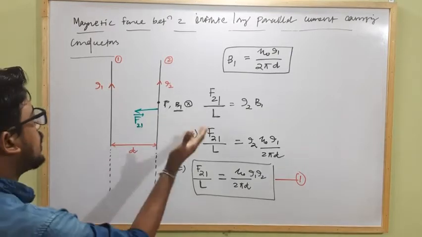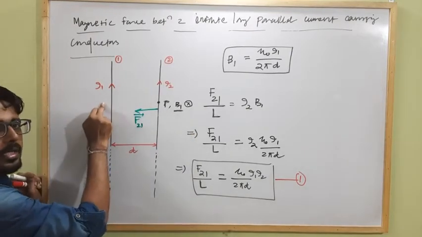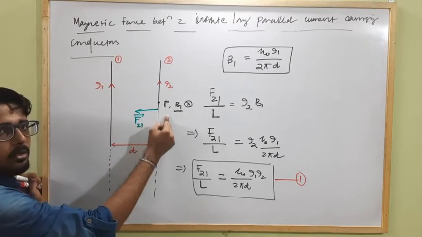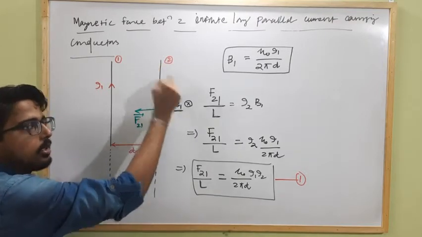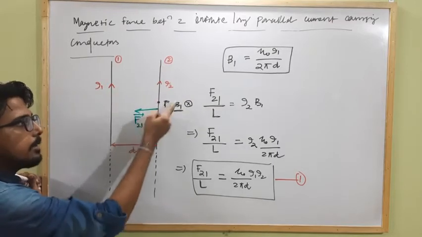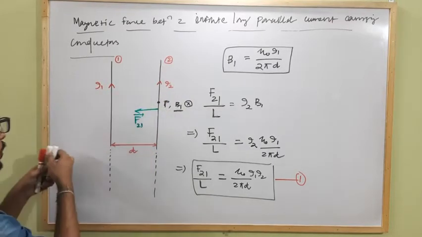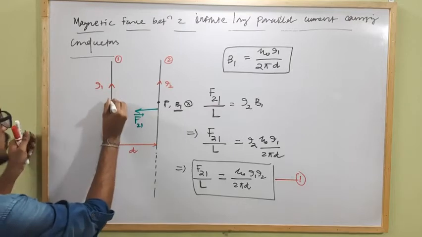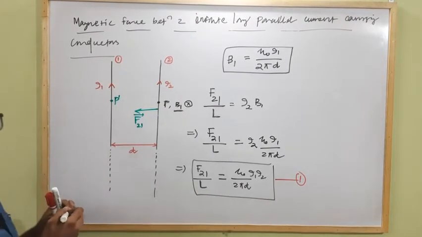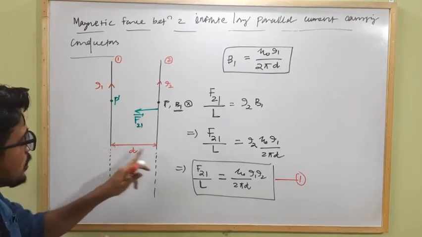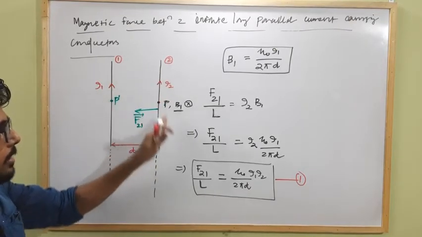Similarly, we can calculate the force acting on current carrying conductor 1 due to current carrying conductor 2, because as I2 is flowing through this conductor, it also produces a magnetic field surrounding it. Now we have to consider a point of observation P dash on the current carrying conductor 1, at a distance of D from conductor 2.